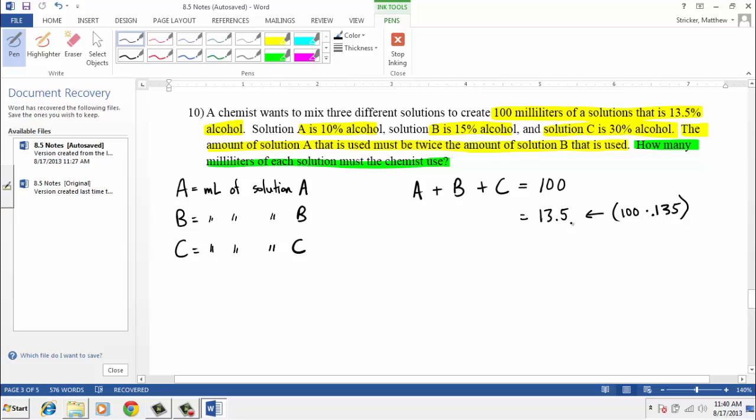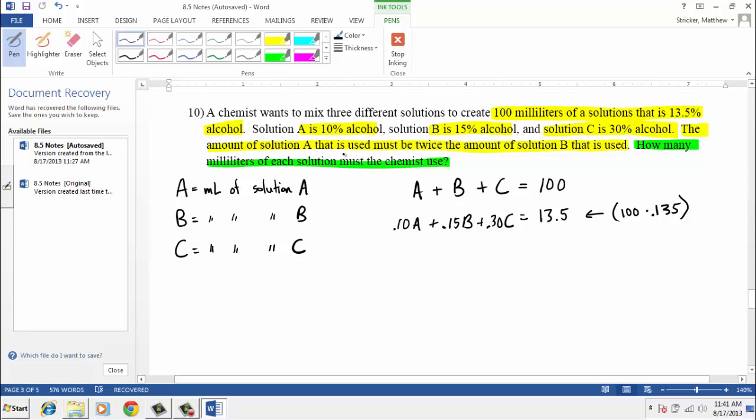And this comes from taking 10% alcohol times A milliliters of solution A plus 15% times B milliliters of solution B plus 30% times C milliliters of solution C. There's our second equation.